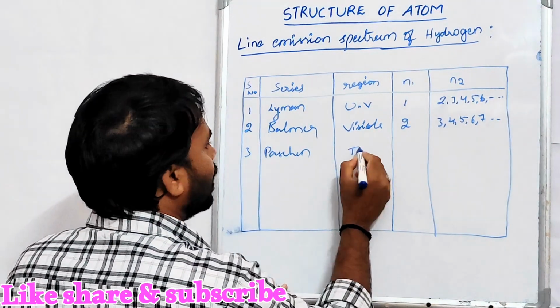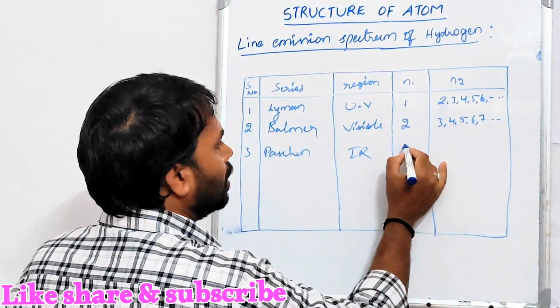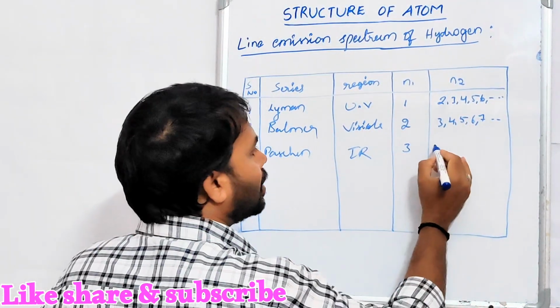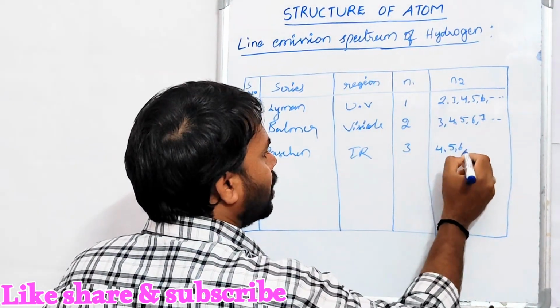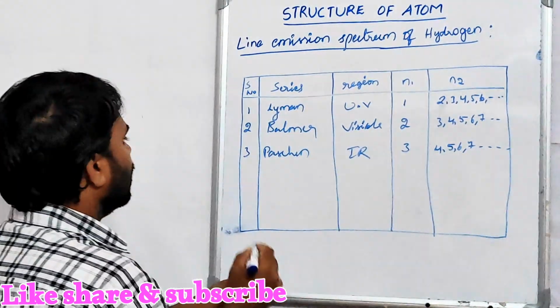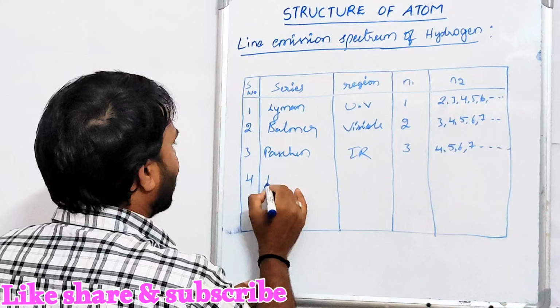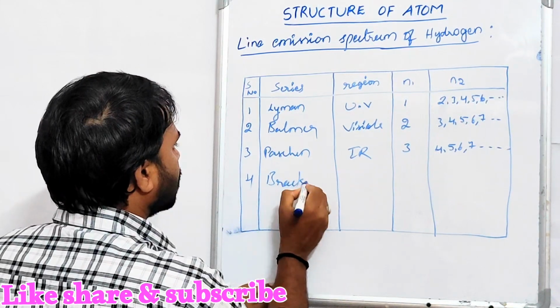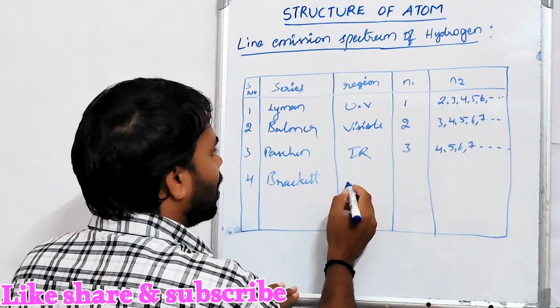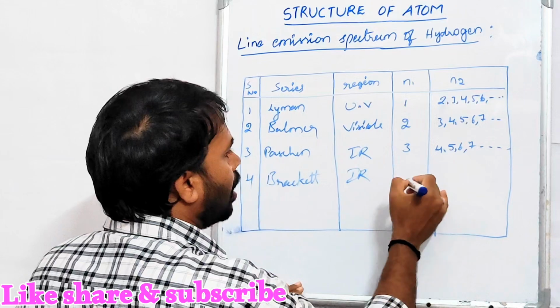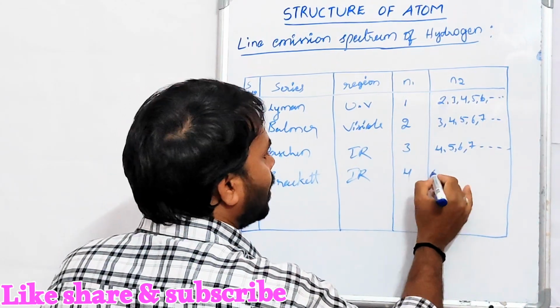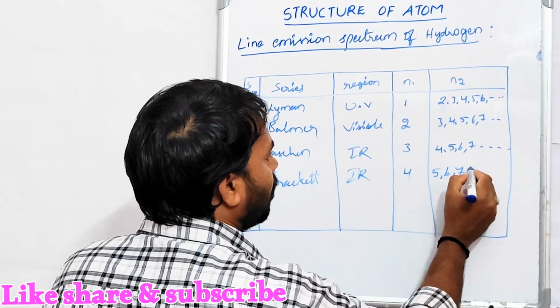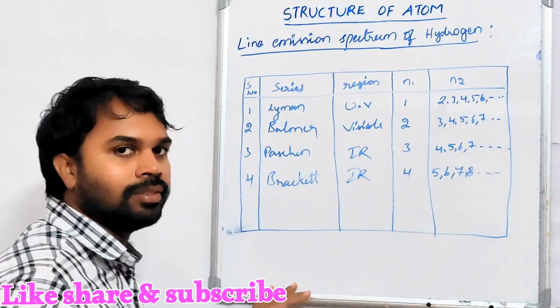Observed in the infrared region. Ground state is 3. Excited states are 4, 5, 6, 7 and so on. And next, the Brackett series. Observed in the infrared region. Ground state is 4. Excited states are 5, 6, 7, 8 and so on.